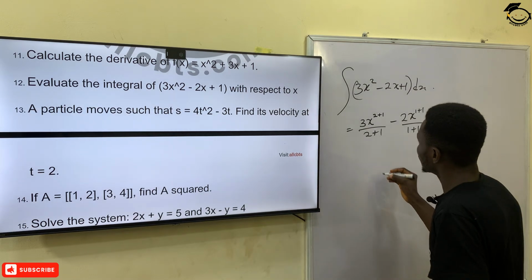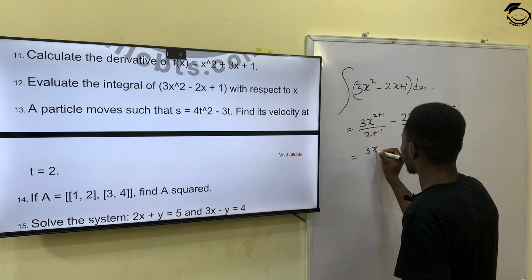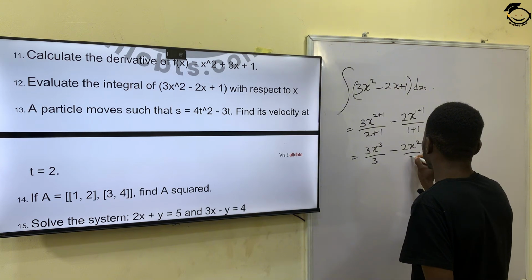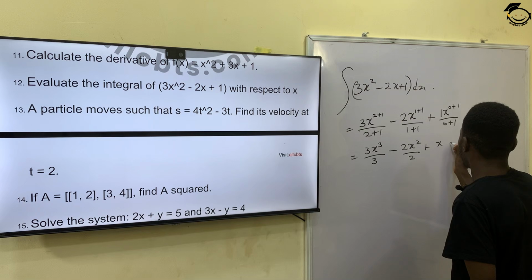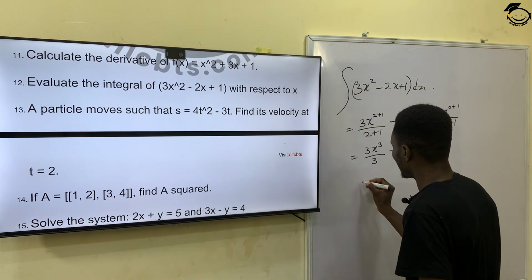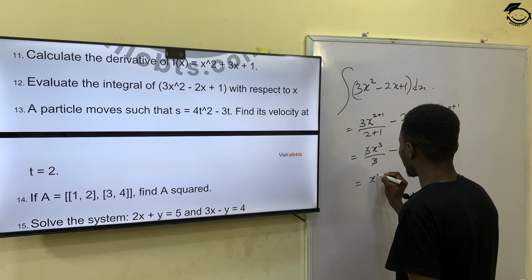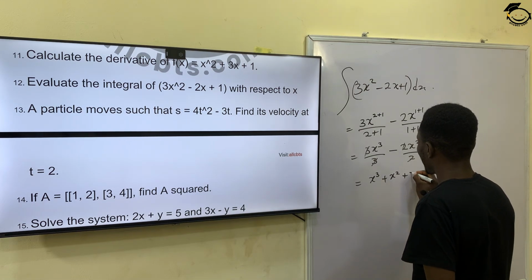So this will give me 3x raised to power 3 all over 3 minus 2x raised to power 2 all over 2 plus x raised to power 1 all over 1. So this can be simplified to give me x raised to power 3 minus x raised to power 2 plus x.